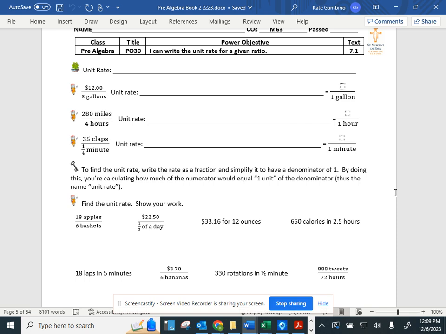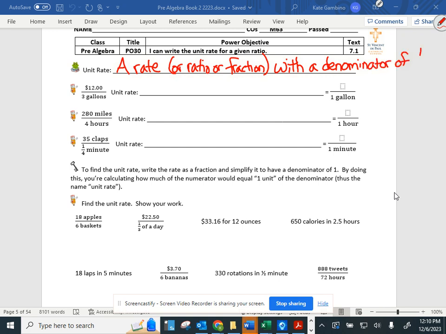So a unit rate is a rate, which can be called a ratio or fraction, but it has to have a denominator of 1.